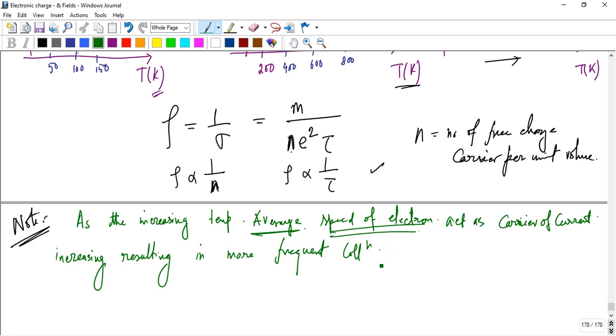So the average time may be decreasing. Okay, so tau is decreasing.